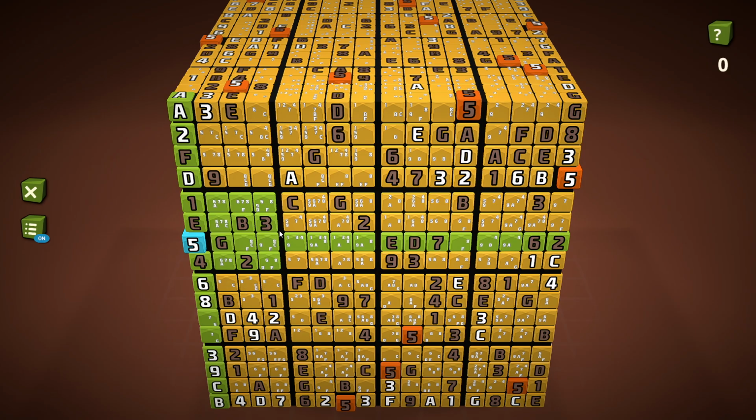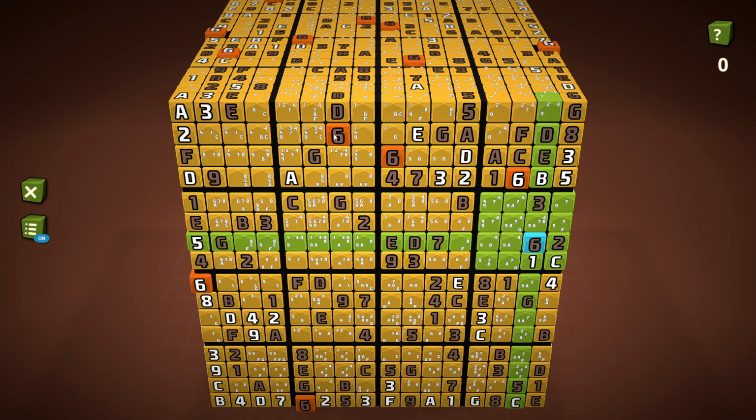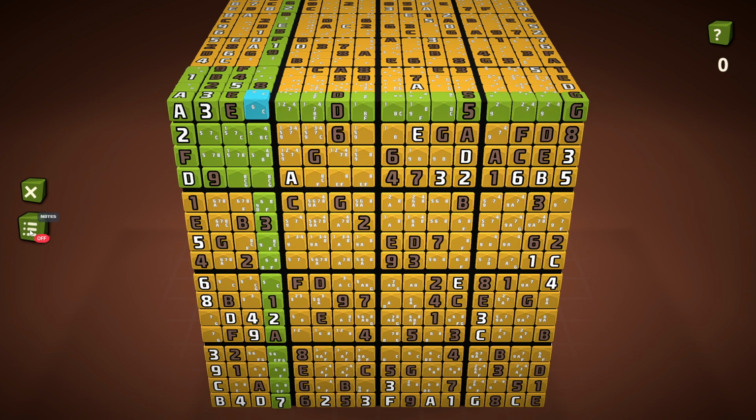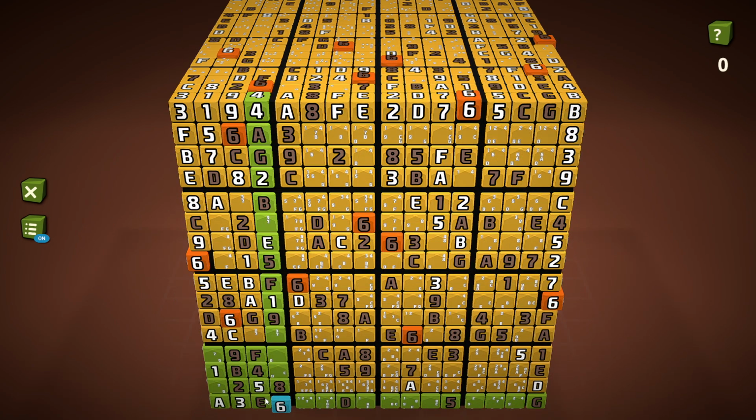Okay. Oh look! The 6 can't be on the bottom, the middle, or the other middle. Ta-da! A 6! That actually really helps this, doesn't it?